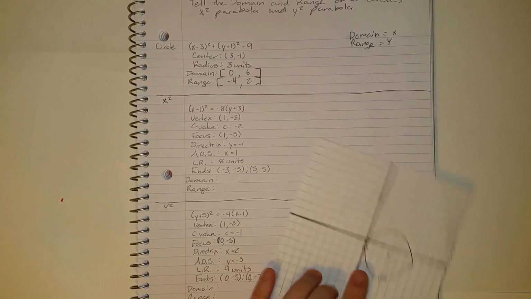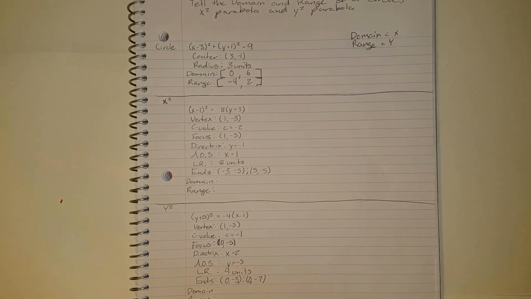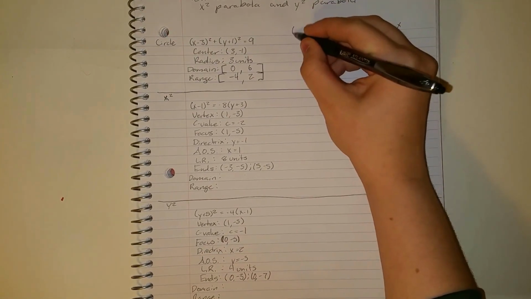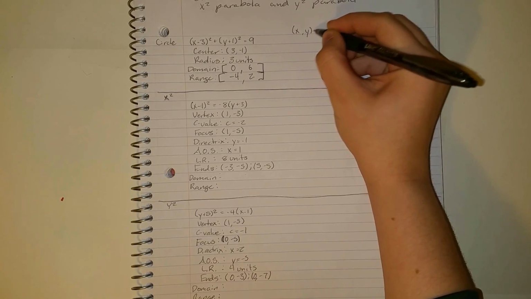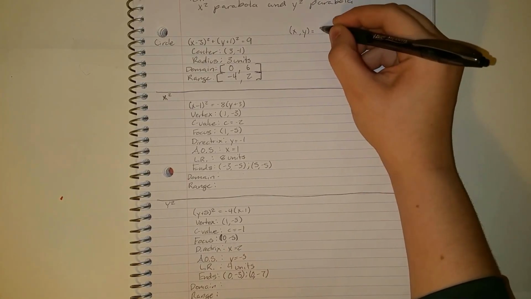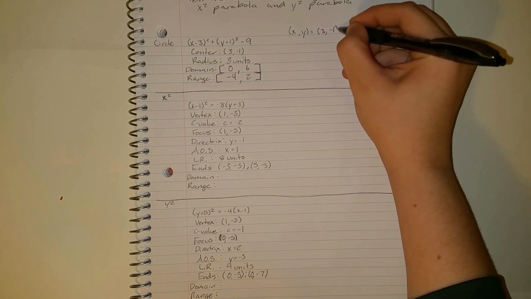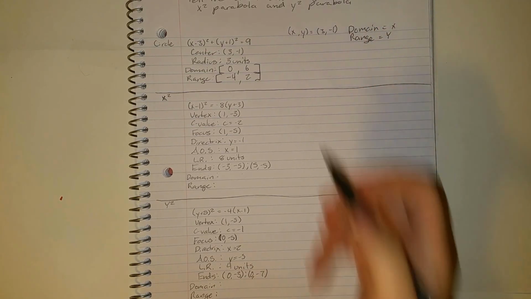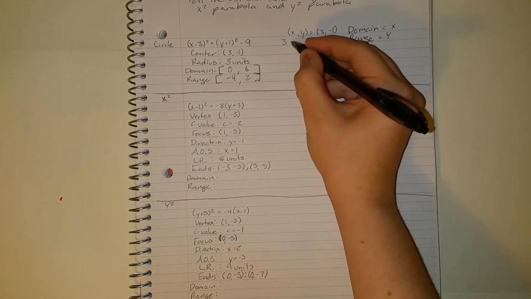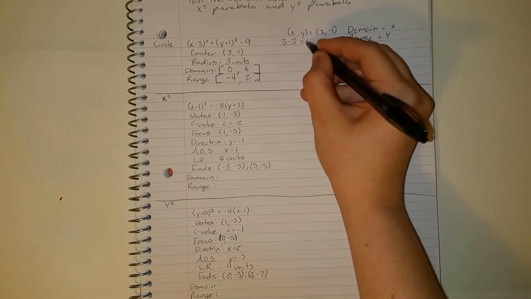Now there's another way to do this where you don't have to graph. And it involves taking the idea of x and y and applying it using your center. Since we know that the radius is 3 units, we can take 3 and subtract 3 to get 0.